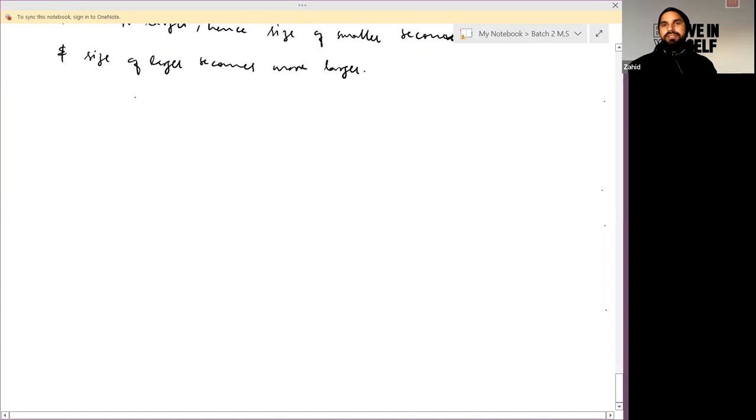related to surface tension, adhesive force or cohesive force, there is a term called capillarity. Suppose you place liquid in a capillary tube.